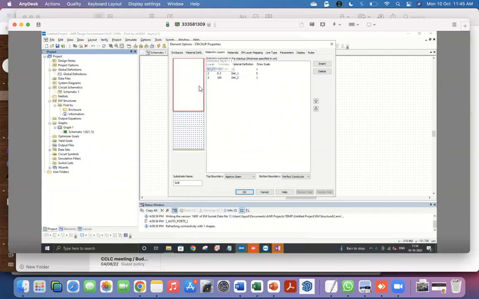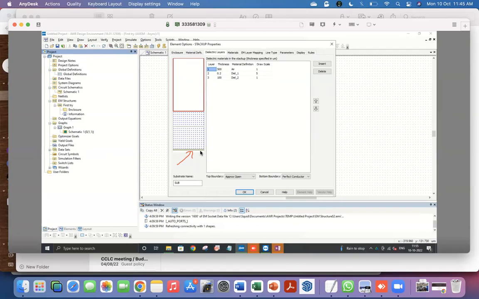So this here basically is giving you the cross section of your circuit board and potentially any enclosure it is inside. So what does it mean here? If you look right at the bottom here, I'm referring to this little strip right at the bottom.